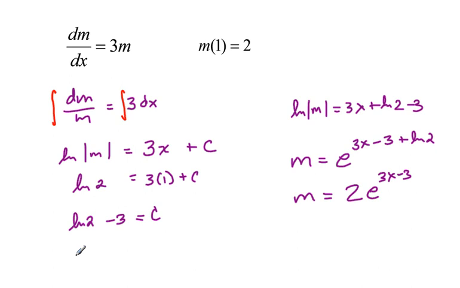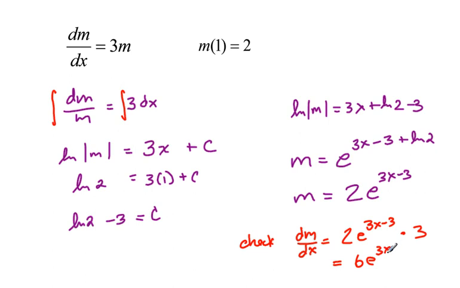This might be a really good one for us to also do a little bit of check on the answer. Does this make sense? I have a value for m here, and let's just check out, does this work? So we're going to do a little check here, and let's figure out what is dm dx. So dm dx equals the derivative of this, which would be 2e to the 3x minus 3 times the derivative of this inside 3, which would equal 6e to the 3x minus 3.